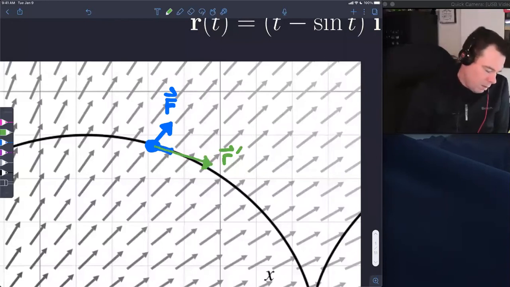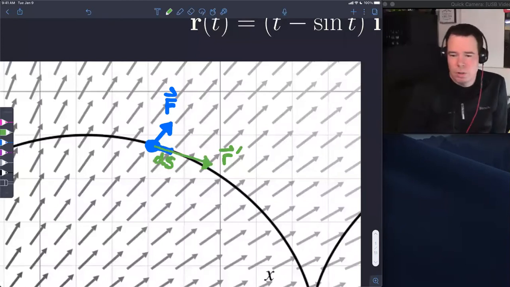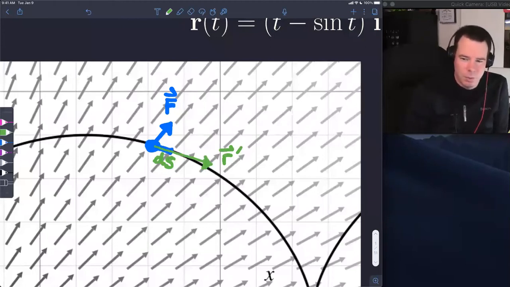And the distance it's traveled, let's say it's traveled a little distance, let's say ds. s usually represents the arc length, so that's why I'm using ds. So it's a little change in the arc length, or a little change along the curve. I want to know what is the force in that direction.